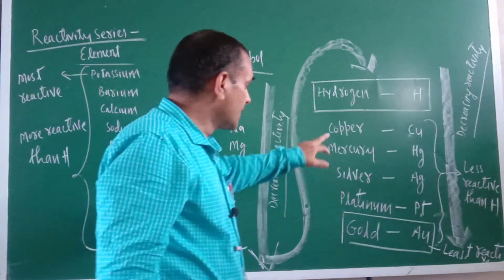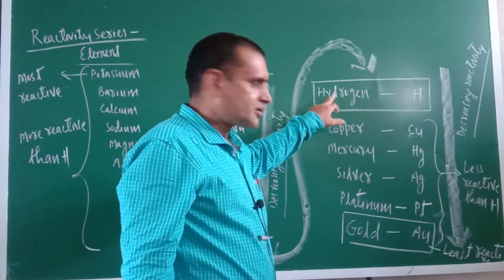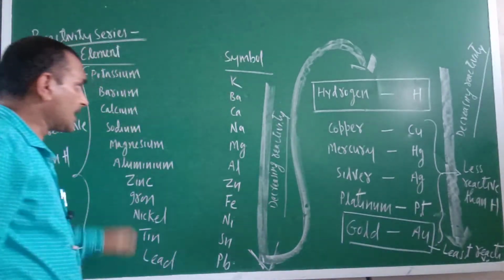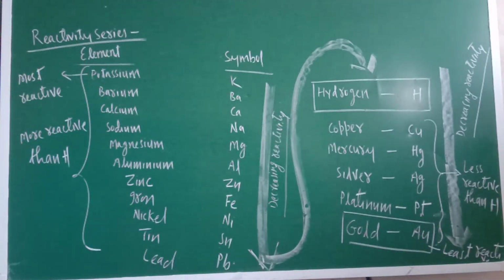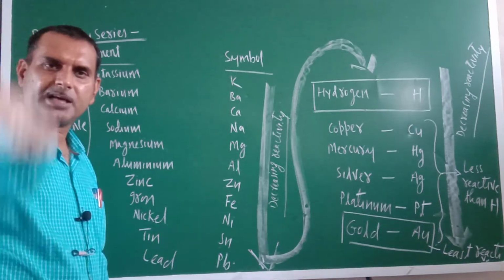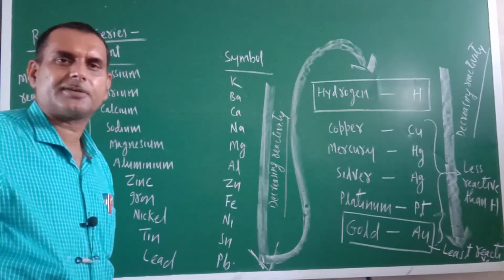Moreover, copper is less reactive than hydrogen also. So these are the metals less reactive than hydrogen, and these are more reactive than hydrogen. There are two categories of metals: placed above and below the hydrogen in the reactivity series.